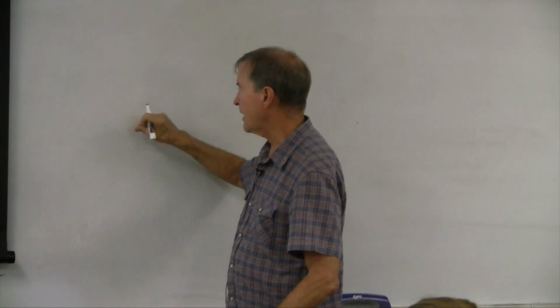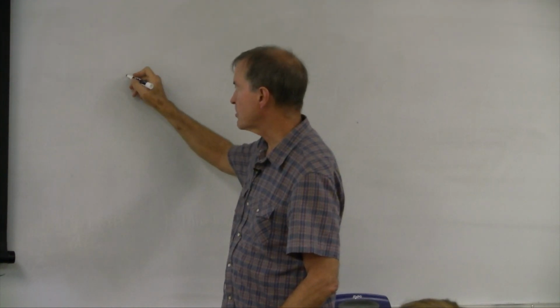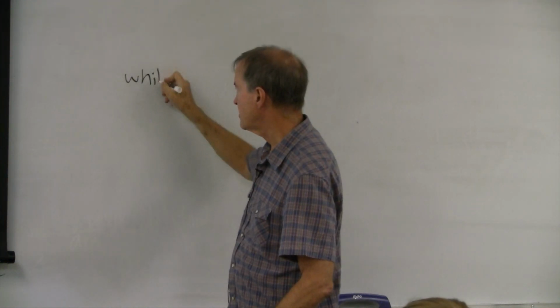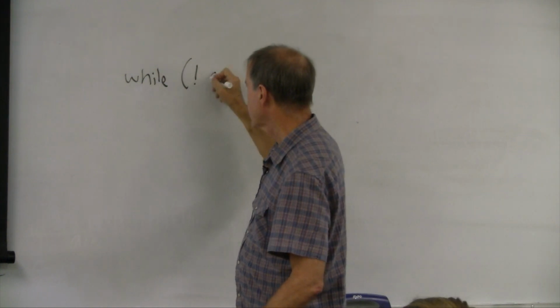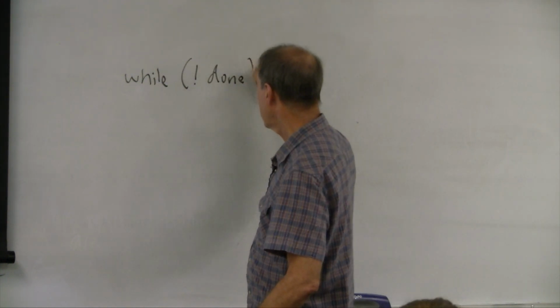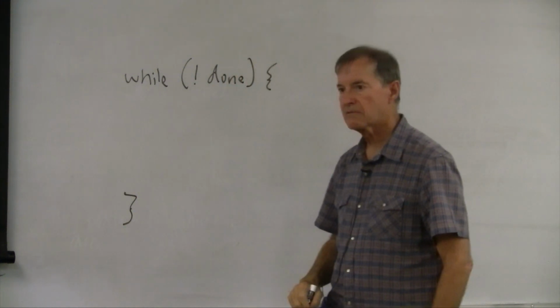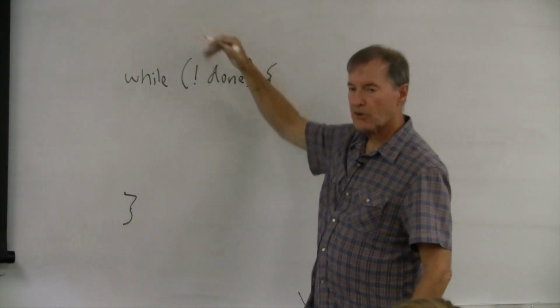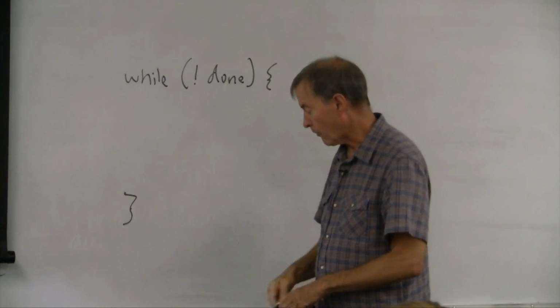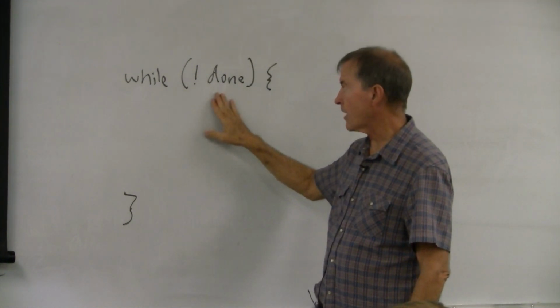So what I recommend is you have a variable called done, and the loop should be while not done. Like this. Now the question is, what controls the value of done?